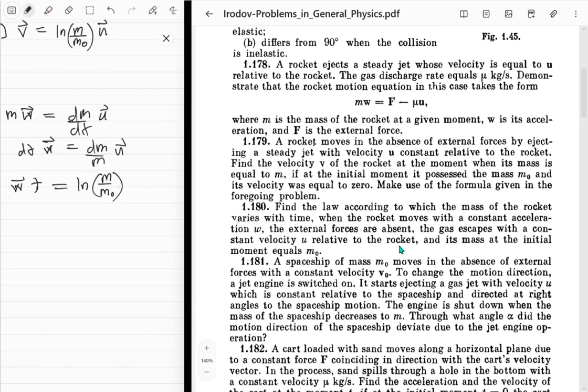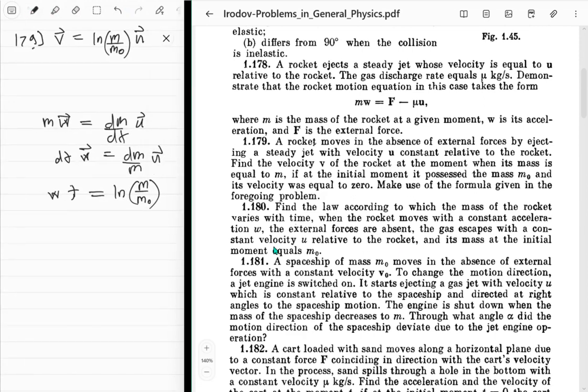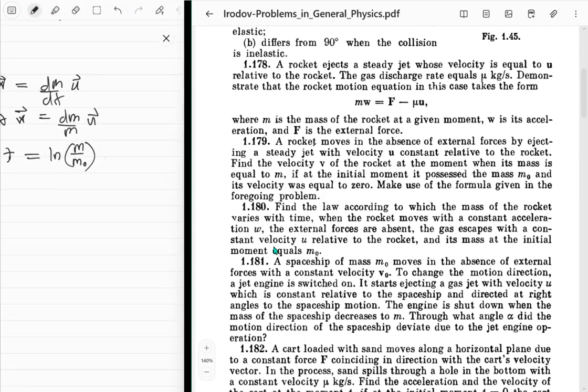Since they didn't give us the things as vectors, we have to use these as values anyway. So this will now be negative because u vector is actually just negative u.